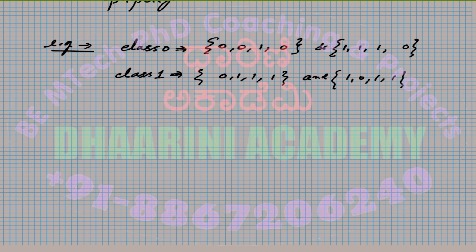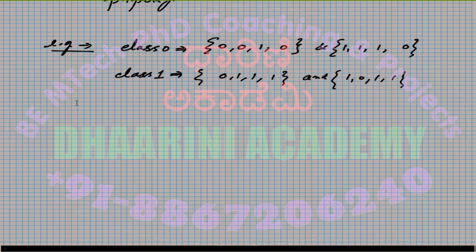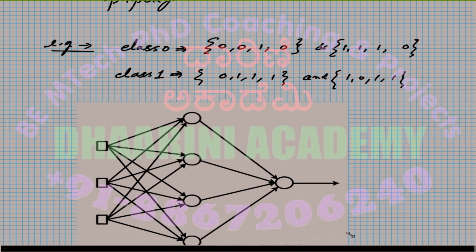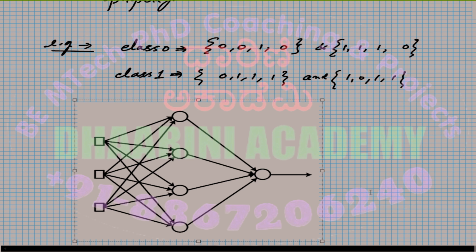Now let's try to define the neural network which we are going to consider for the solution of this problem. Since the output is either 0 or 1, the number of output neurons should be just 1, because I just have to classify whether the output is 1 or 0.